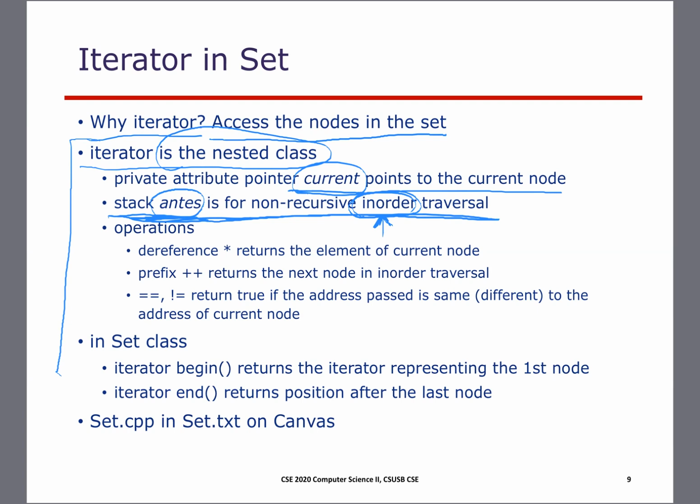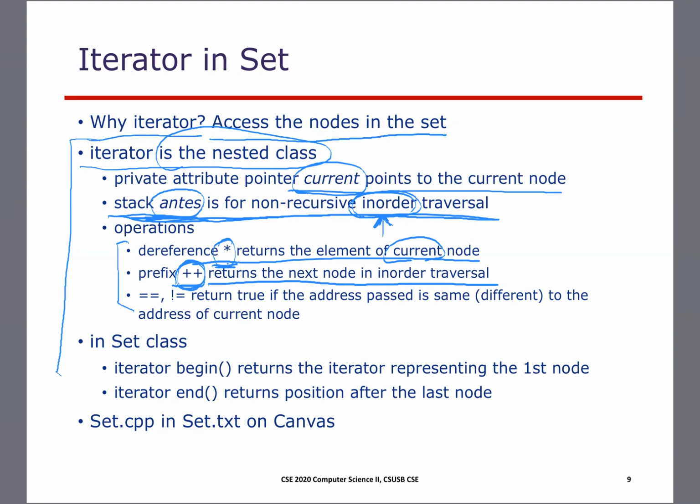So here the iterator has these 4 operations, so we overload these 4 operators. The dereference operator star returns the element of the current node. Current is a pointer pointing to the current node, and the star returns the element of the current node. And then the prefix increment operator returns the next node in the in-order traversal sequence.